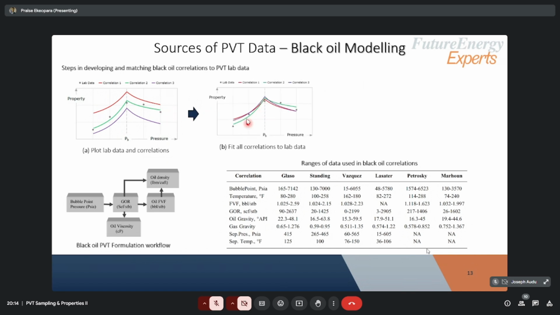So the next step we now do is that we fit all correlations to the lab data, right? We now try to fit them by using an optimization method; we can use any method at all. We just try to fit them.